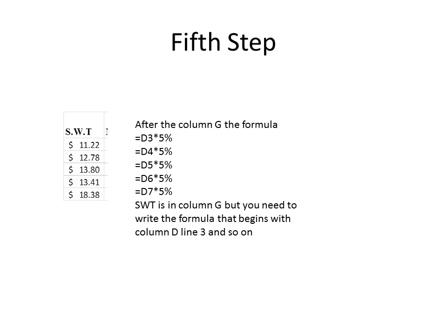The fifth step, you have the SWT located in column G and line 3, where you begin the formula equal D3 times 5% and the number 11.22 pops up when you push down the enter key.